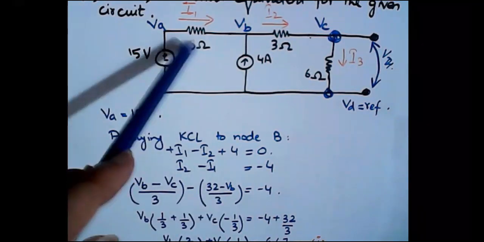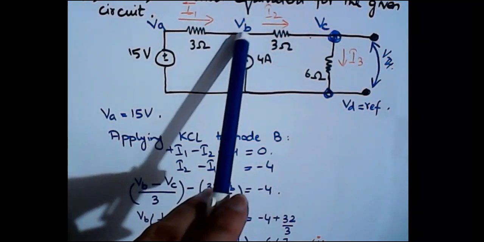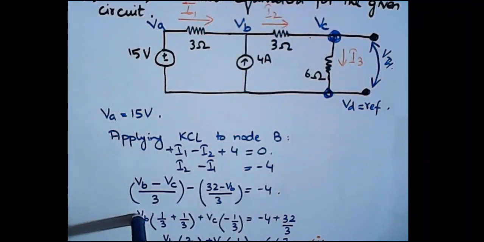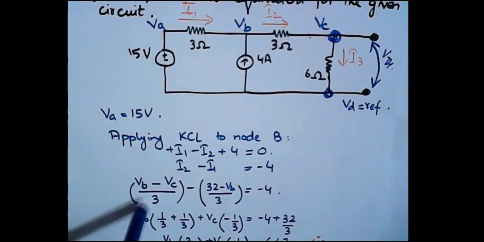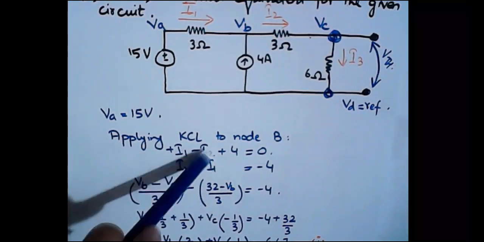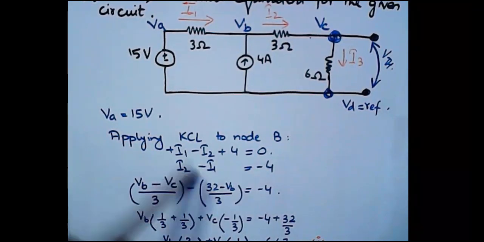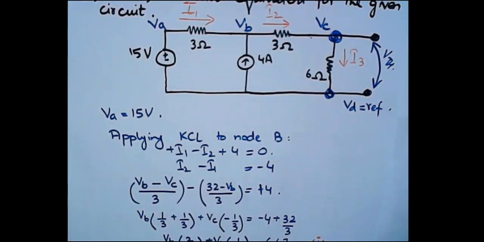and similarly I2 will be VB minus VC divided by 3, because it is leaving VB, it is approaching VC here. Just let me check one thing. I2 minus I1, okay, this will be plus 4, right? So please correct it.